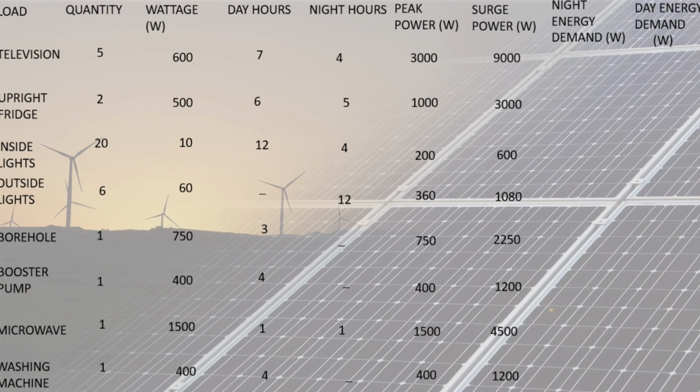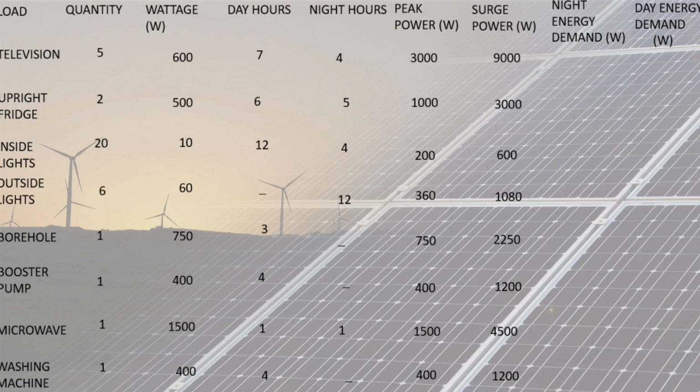Now calculating the night energy demand. We just multiply the peak power by the number of night hours. Our television works 4 hours during the night, and it has a peak power of 3000.